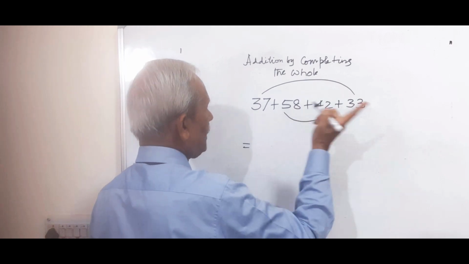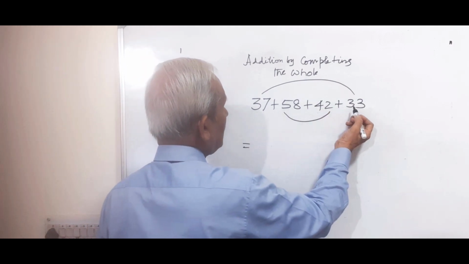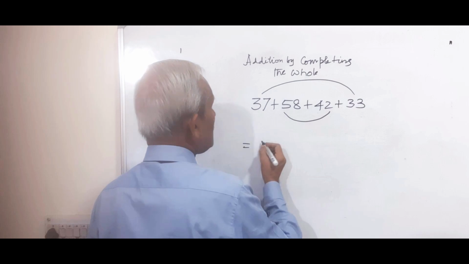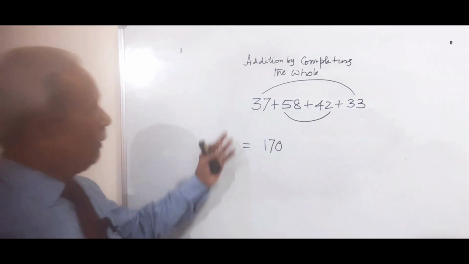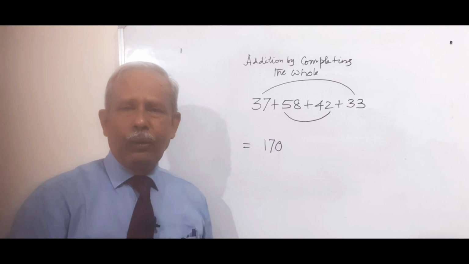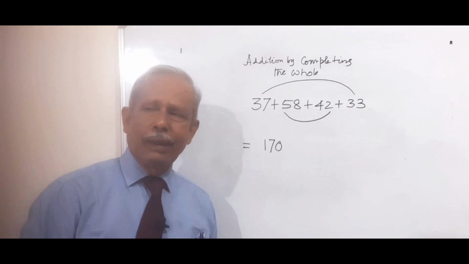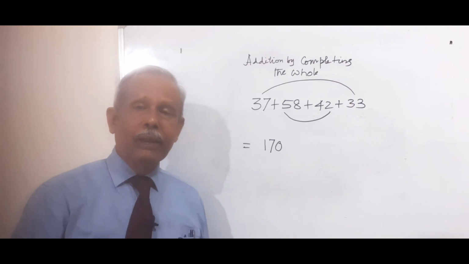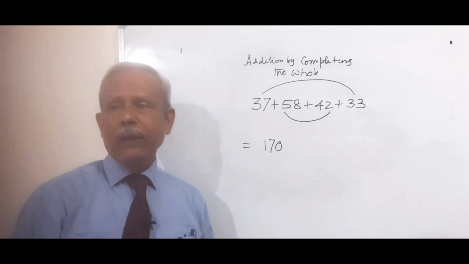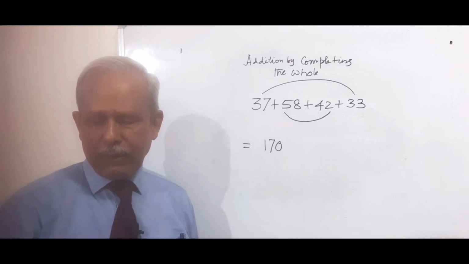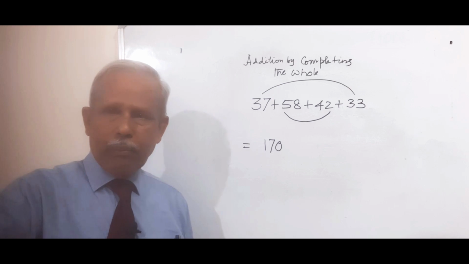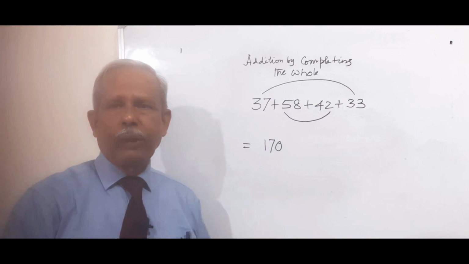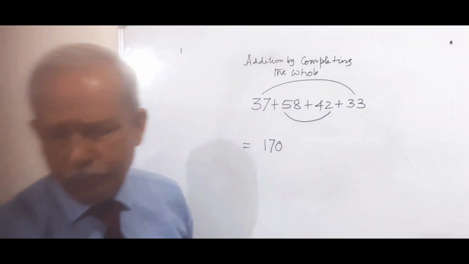So 70 and 100, 170. So what we have done, by completing the whole, we have made the addition operation quite easily. So wherever there is a problem like this, we should try to find out if there is a possibility of completing the whole number from the bunch of numbers, right?